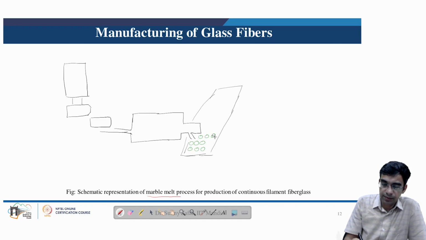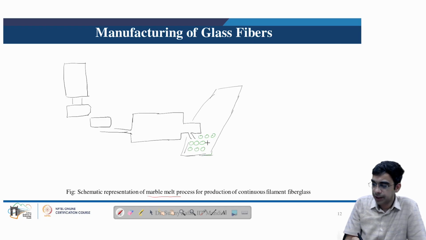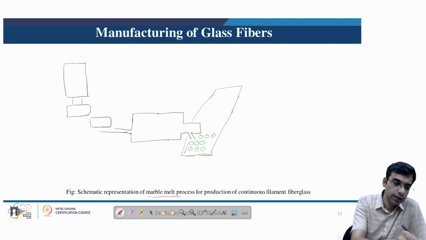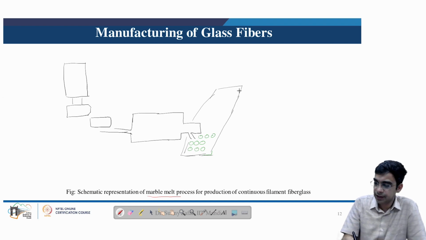These marbles may then be sorted, graded, and then they are again fed to another melting facility. So all these marbles are then again brought here to a melting facility, where they are remelted, and upon remelting they form the filament.